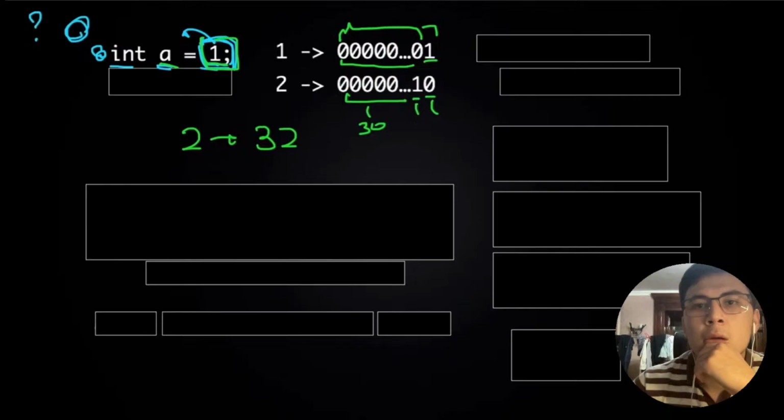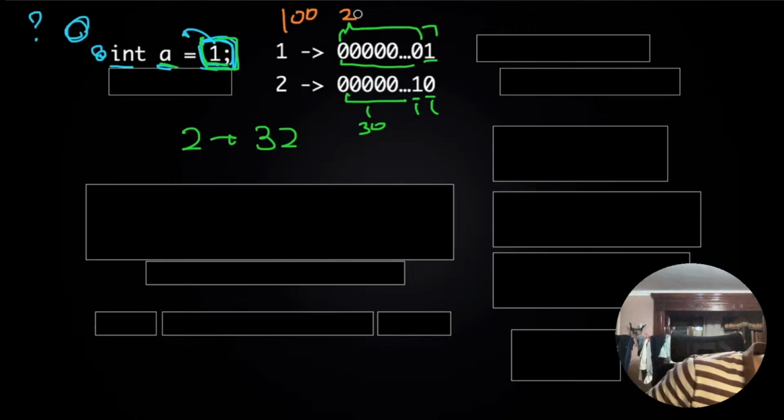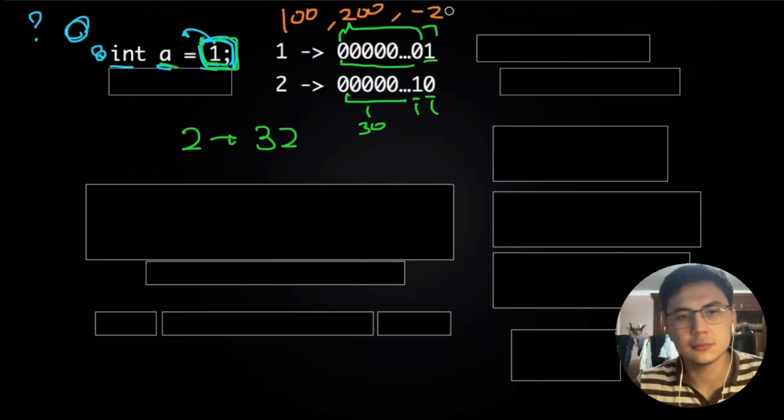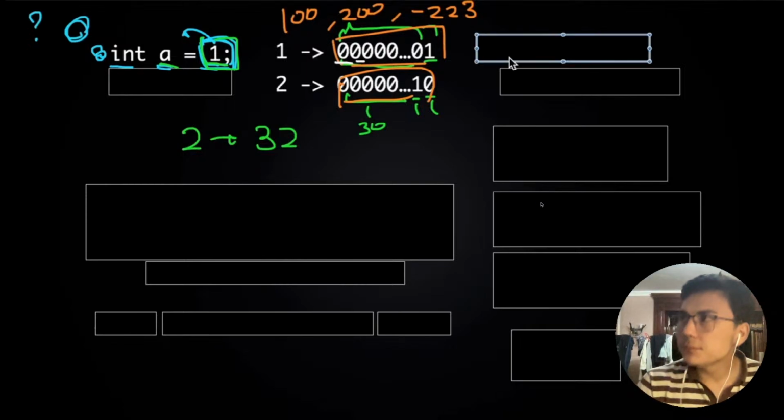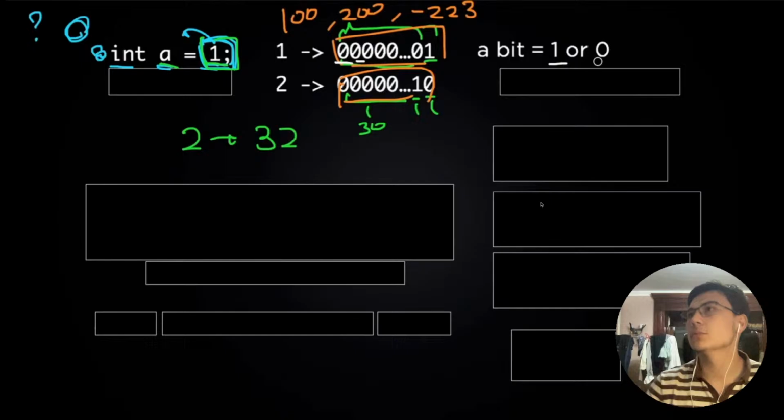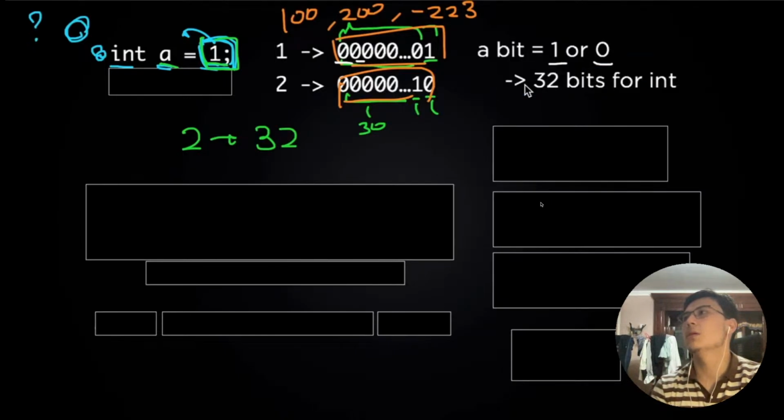And just like that, pretty much any integer that you might encounter in real life, whether they're 100 or 200 or minus 223, each of them can be expressed as 32 ones and zeros. Now, each of these zeros and ones is called a bit. So a bit is either 1 or 0. So we say each integer can be expressed with 32 bits. And you don't have to worry about how it's converted exactly if you don't know about it yet, but just know that pretty much any integer within a reasonable range can be expressed with 32 bits or 32 ones and zeros.